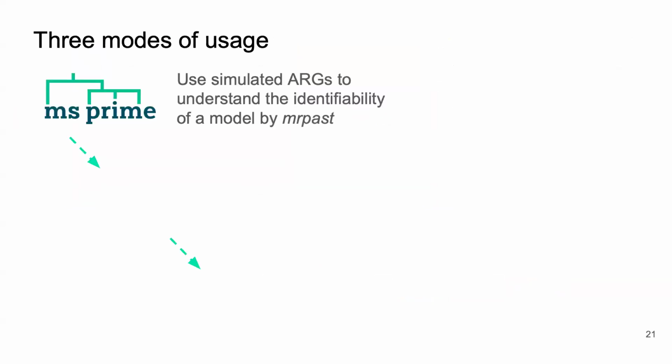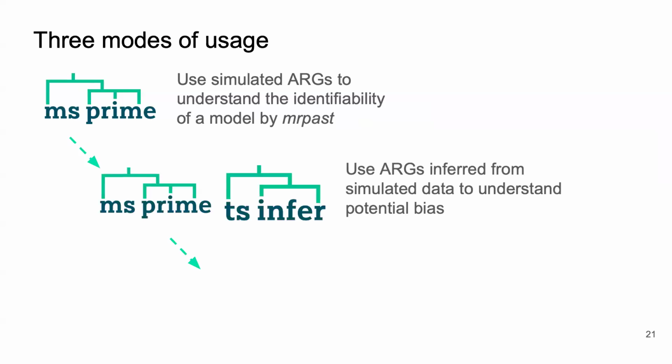So we have 3 modes of usage. First, we want to be able to accurately estimate the parameters using simulated ARGs. And then we would like to test using ARGs inferred from simulated data to understand whether there can be certain biases from inferring the ARG with a particular type of method.